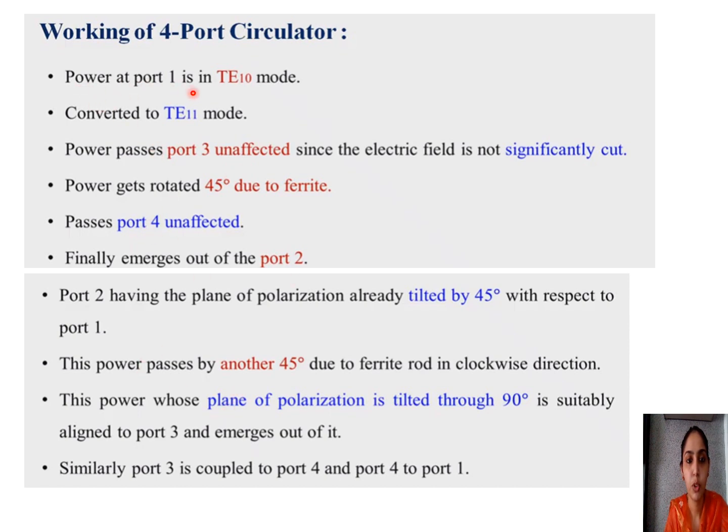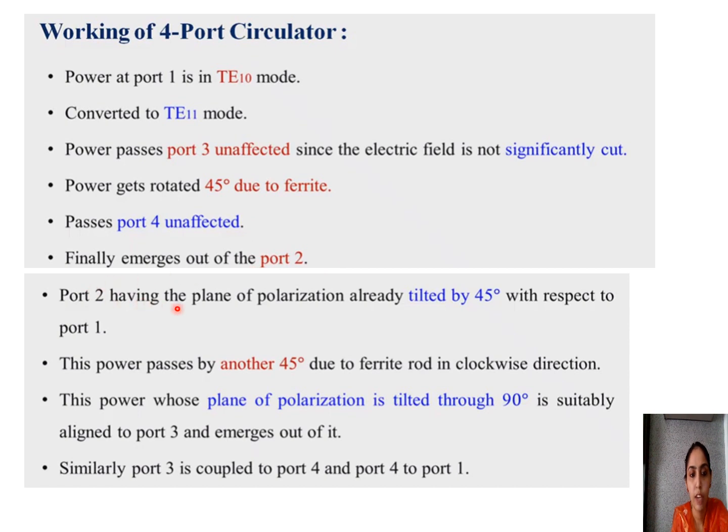So the power at port 1 is in TE10 mode. Because of the gradual transition from the rectangular to circular, it is now converted to TE11 mode. Power passes port 3 unaffected since the electric field is not significantly cut. Again it gets rotated by 45 degree due to ferrite, passes port 4 unaffected, finally emerges out of port 2.